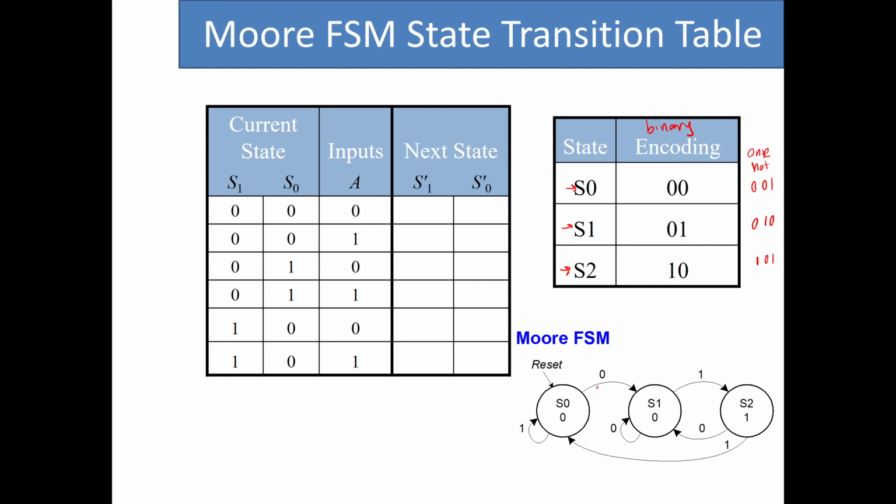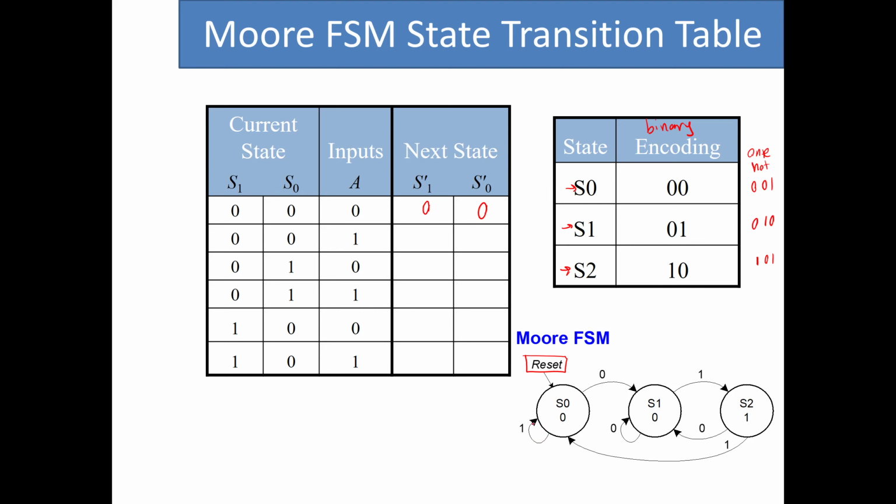When the input is 1, we go back to a state 0. When the input is 0, we go to a state 1. So 0, 0, input 0, that means that we go to a state 1. So this is this arc. Again, each arc in the state transition diagram, except this reset one, needs to be represented in the state transition table with at least 1 row.